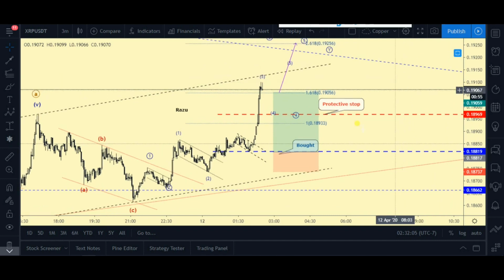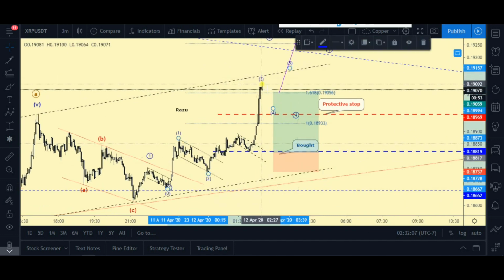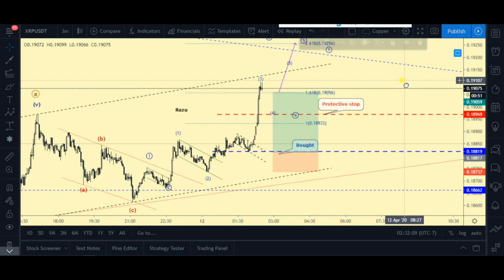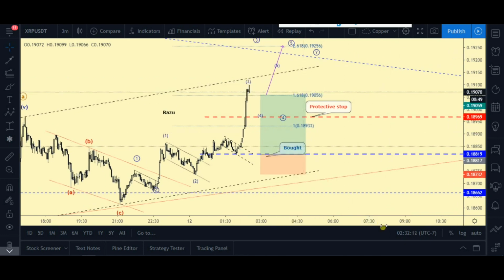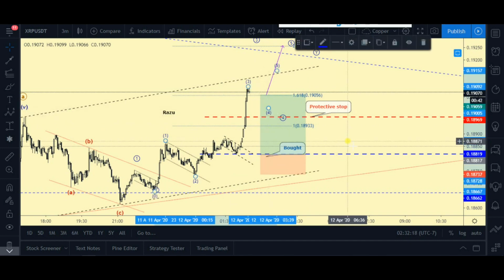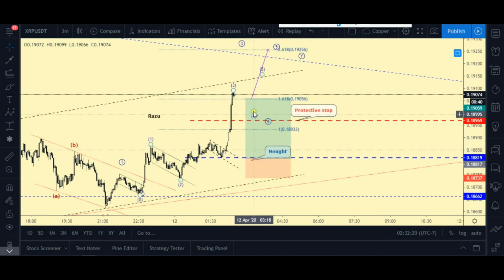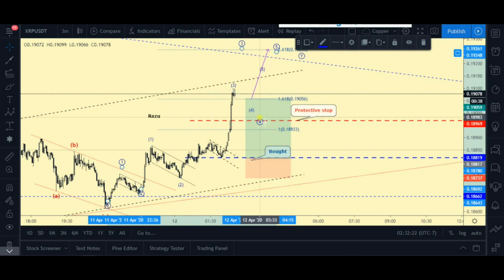It's a big move. So this could be the third of third, 161.8%. So we're expecting the move to continue much higher, and the fourth wave could follow from here.